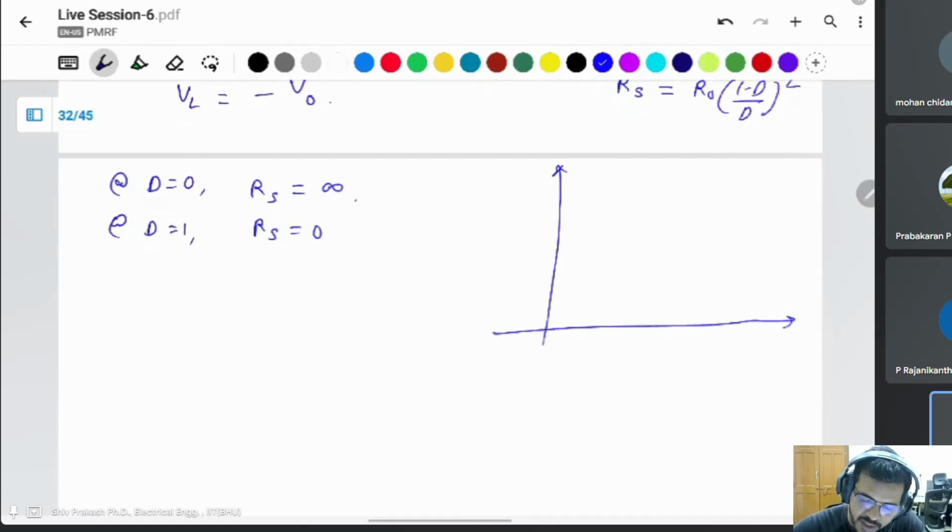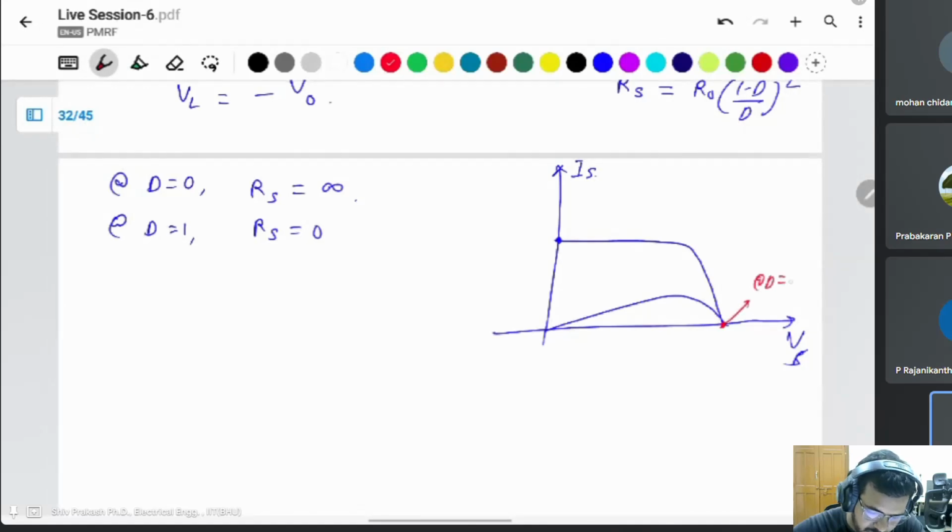On the Vs-Is curve, current is here, power like that. At D equal to 0, Rs is infinity, which means open circuit. At D equal to 1, Rs is 0, which means short circuit. This is the short circuit current and this is the open circuit voltage.